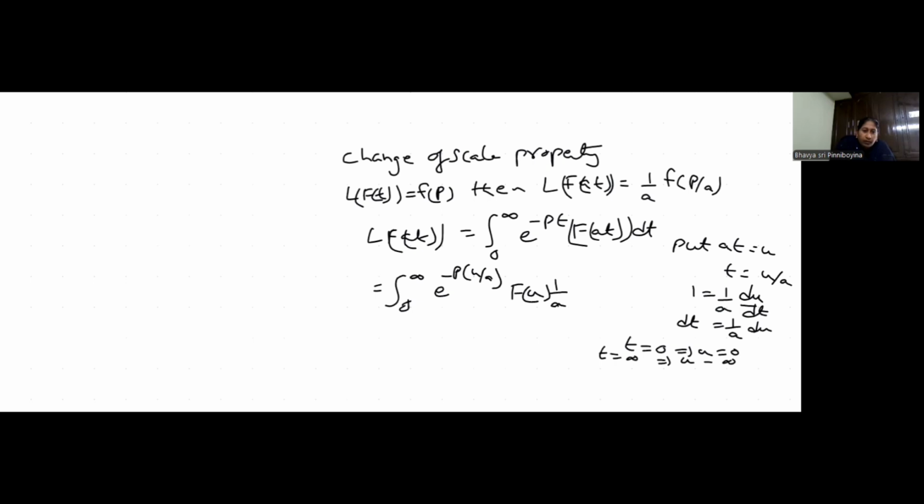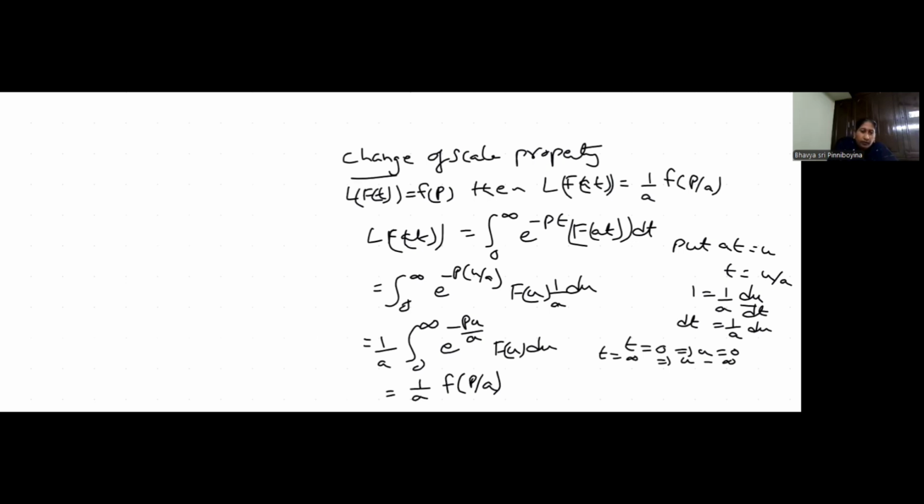So 1 by a into integral 0 to infinity e power minus pu by a, f of u into du. Here the variable is u, so the constant is a. So the function will be f of p by a. So it turns to 1 by a, f of p by a. Okay. So this is the change of scale property.